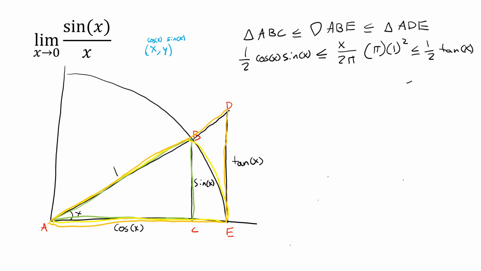Alright, so now I'm just going to multiply all parts of this compound inequality here by 2, and you should expect some sort of canceling out here. This should cancel, and also the pi should cancel.